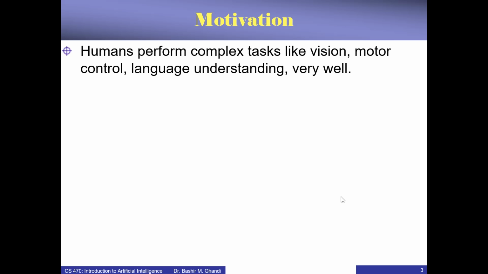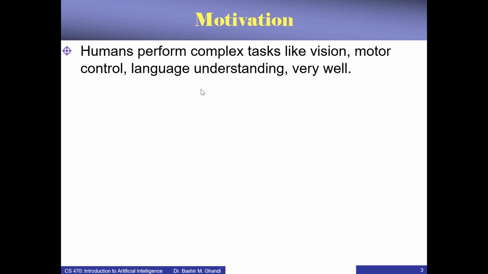Well, what motivated the early AI practitioners to think about neural networks is their observation of how the human brain operates. As we all know, humans perform complex tasks like vision, recognition, motor control, like driving a car, natural language understanding.